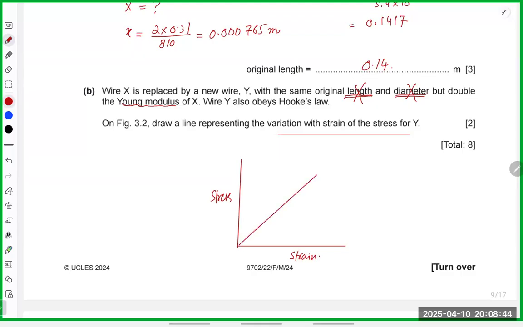This is wire one. If he tells you wire two has double Young modulus, it should be a line like this. Half the Young modulus, the line should be like this. So you don't need any calculation or any other value.